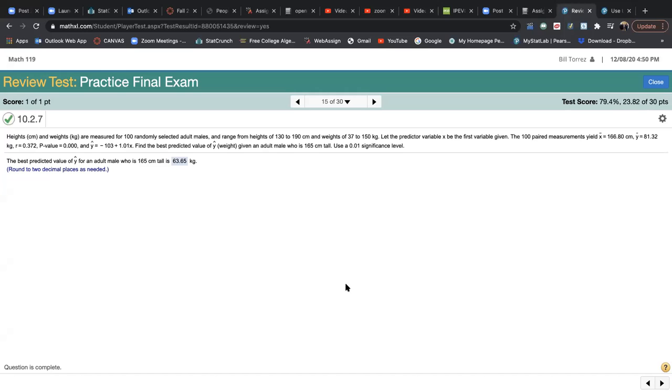In this problem, we have heights and weights. We have our prediction line, y hat. What I'm going to do is simply plug the value 165 centimeters, that's our predictor value x, right into our regression line and calculate a value of y hat.